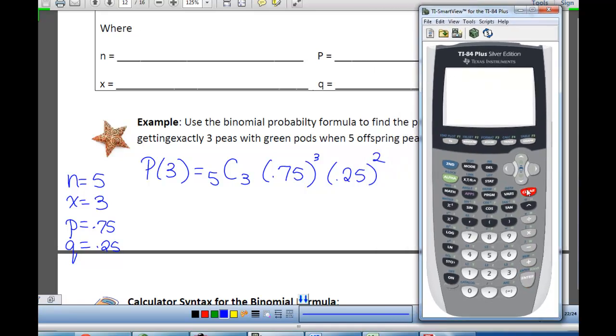And so we get what? 5 choose 3, times 0.75 raised to the 3rd power, times 0.25 squared. And so we get 0.2637, we'll call it.